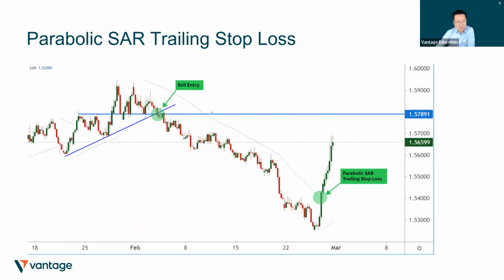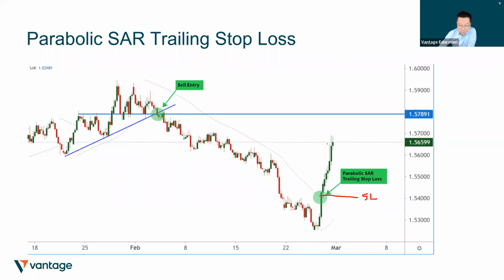Similar to the moving average and the trend line, you're applying the stop loss just above that PSAR. So in this case, your stop loss will be up there. As price comes down, hits and pushes up, you would have closed out that trade as price touches that PSAR to push towards the upside.